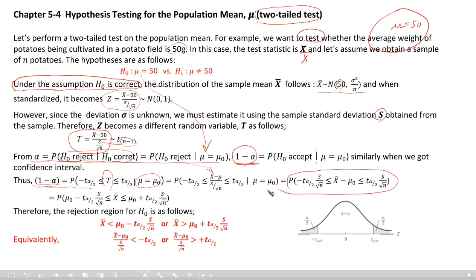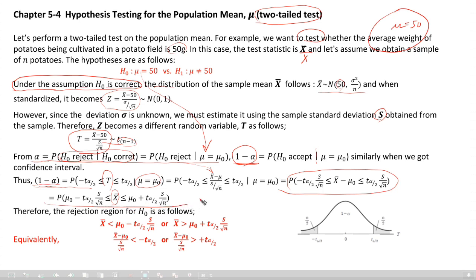If you look slowly, even though you don't have a mathematical background, you understand this flow. Now, we leave x bar in the center and rearrange the terms. Then this is the probability that x bar is greater than or equal to mu 0 minus t alpha over 2 times s over square root n, and the same value plus here.